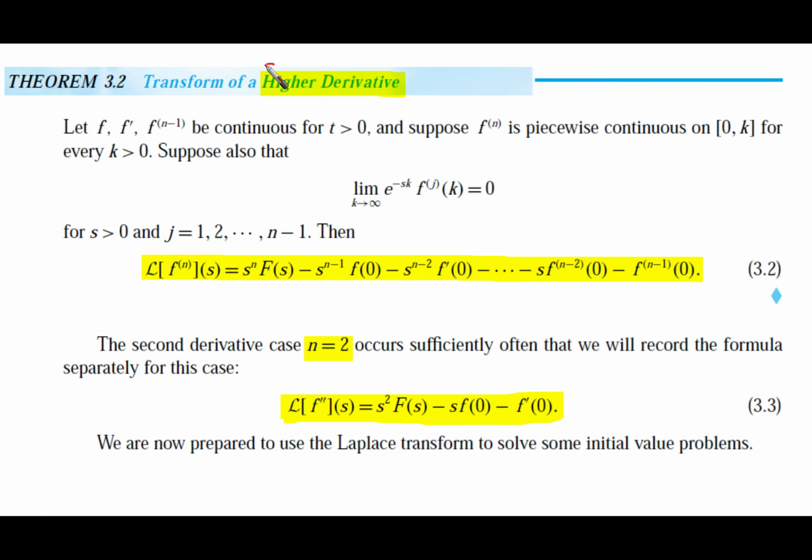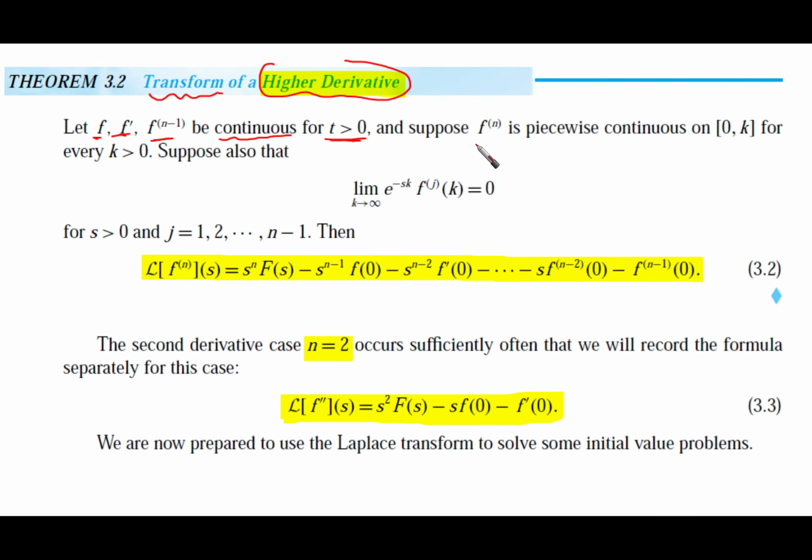If we have a higher derivative, we want to obtain the Laplace transform of a higher derivative. So let's assume that we have f, f prime, up to f to the n minus 1. These are the derivatives of the function, and they are all continuous for t larger than 0.